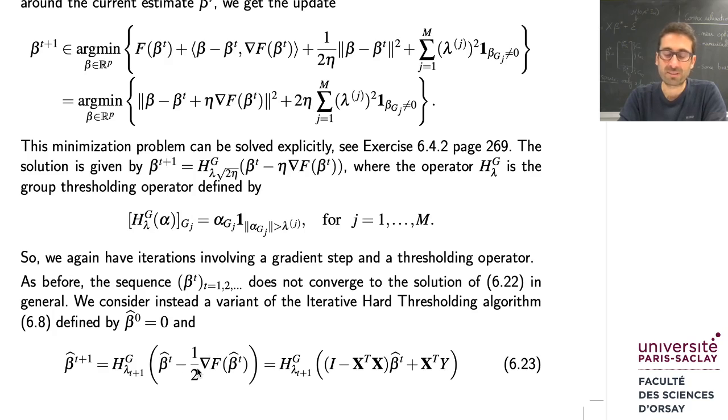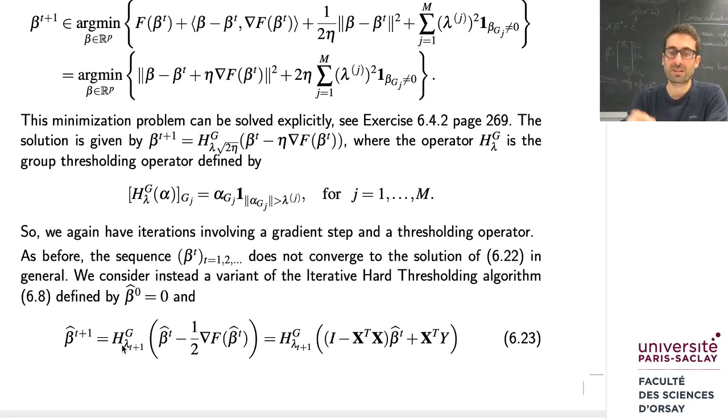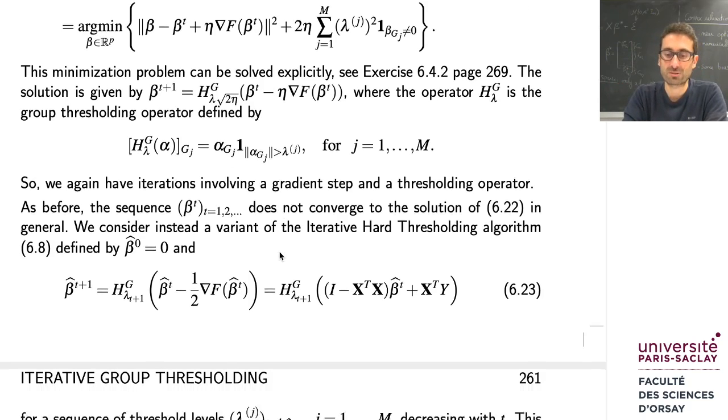Okay, so we take gradient step with eta equal to 1/2, and we start from 0, and we choose a sequence lambda, so all the lambda j will be lambda j of t, with lambda j of t going from a large value to the target value, which corresponds to minimax optimal estimation.